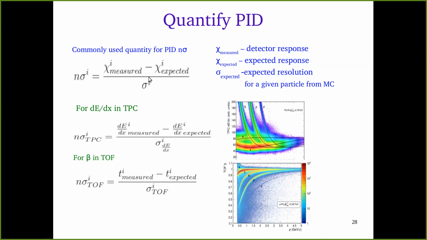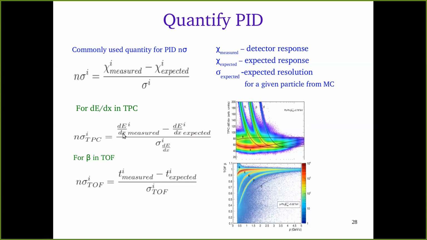So this can be a quantity like that for a particular species, say for pion. With this quantity, you can calculate quantities like nSigma TPC and nSigma TOF, which are defined as this.